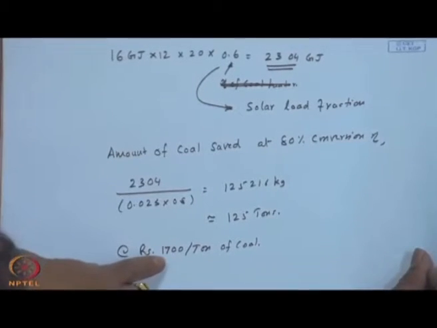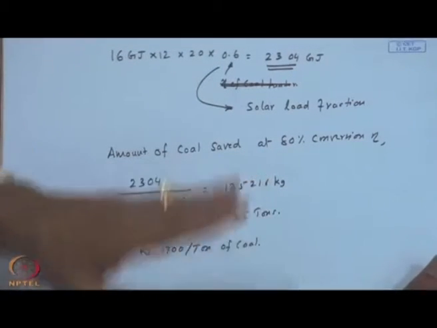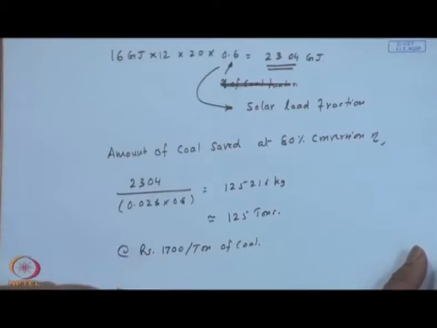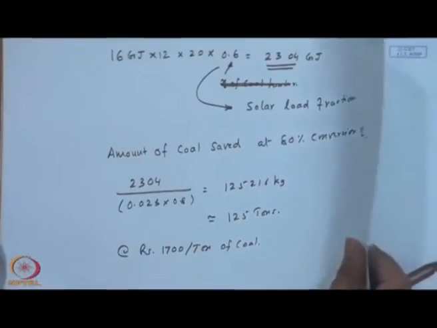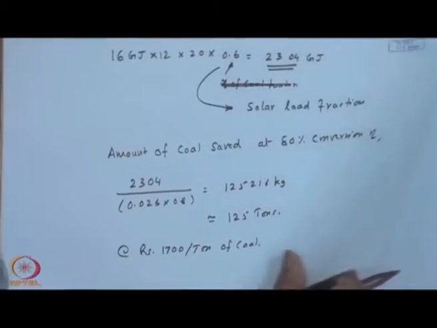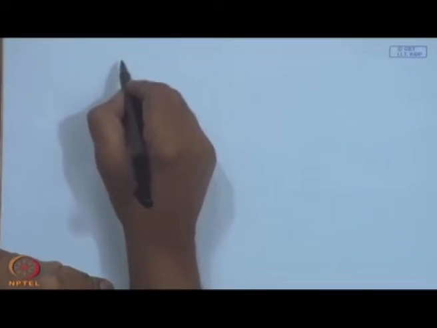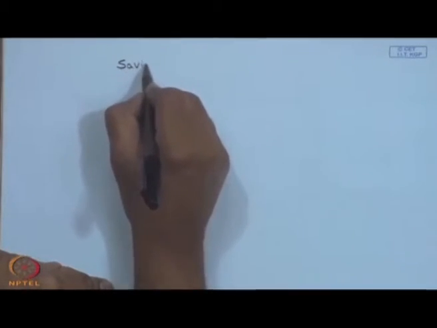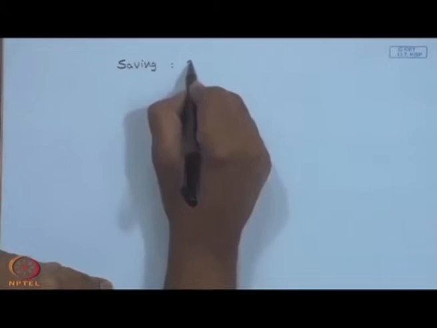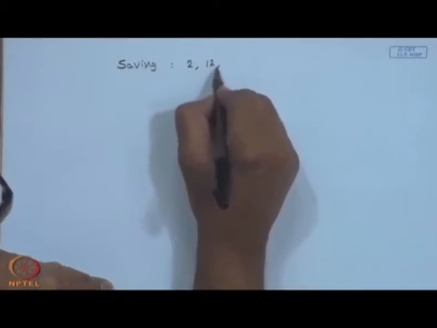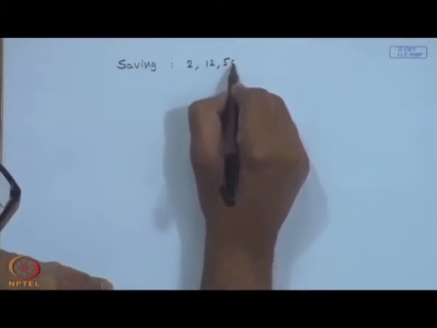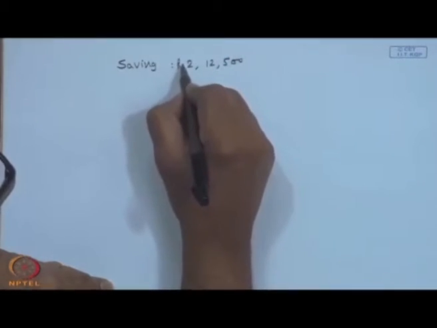And the grade of coal required for water heating may be lower than the grade they are talking about. So, these two may nullify each other, but I am taking about 2 rupees per kg, that comes to 1700 per ton of coal. So, the saving will be 125 tons, about 2,12,500 Rs.